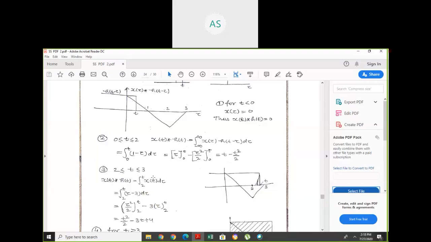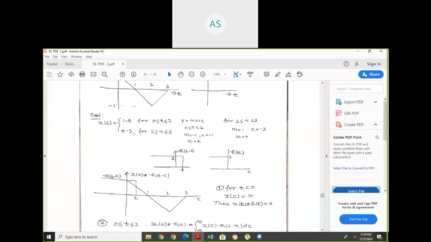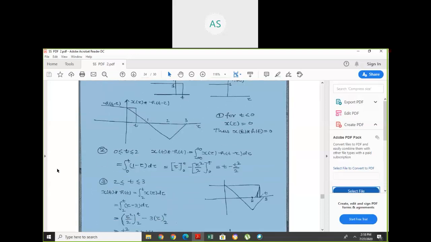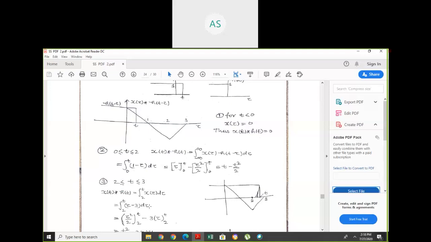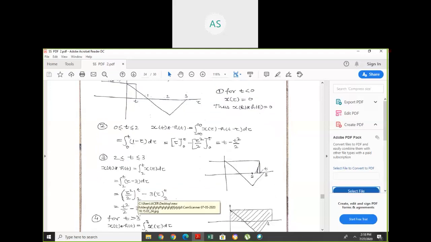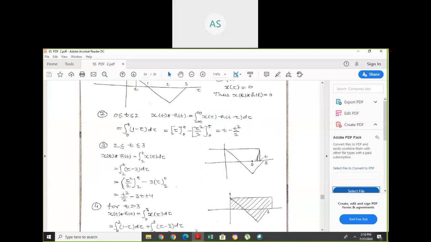Substitute the value of x of tau, which in this case is tau minus 3, d tau, and integrate and substitute the limits. We get the convolution result t square by 2 minus 3t plus 4.